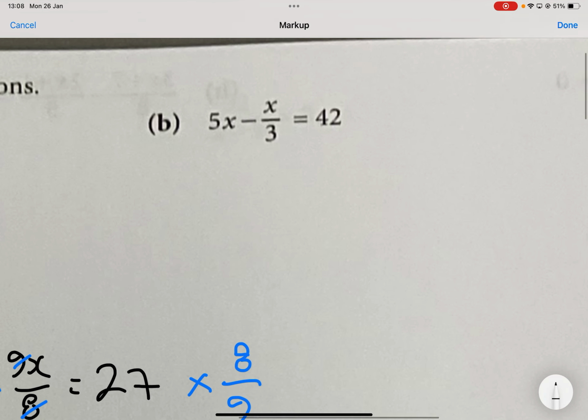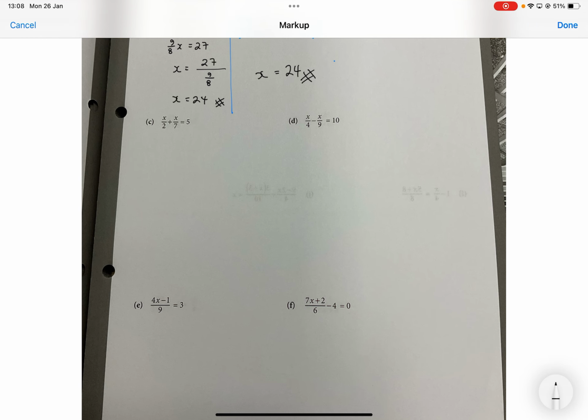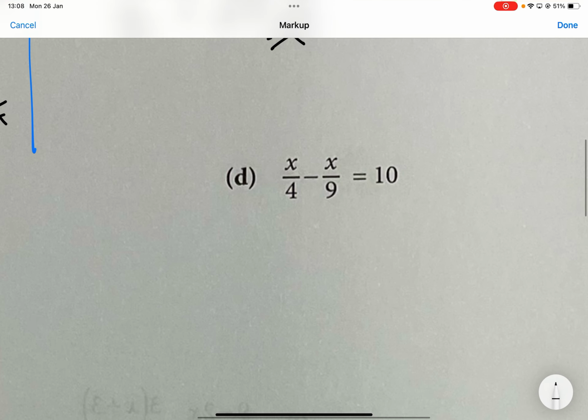Okay, I do one more. Then you all do the rest. I do first, then you all. Okay.